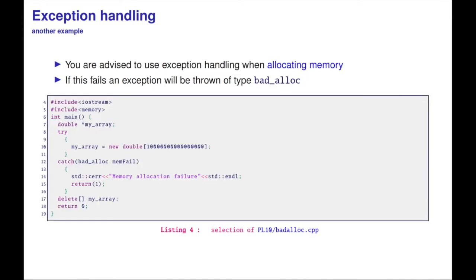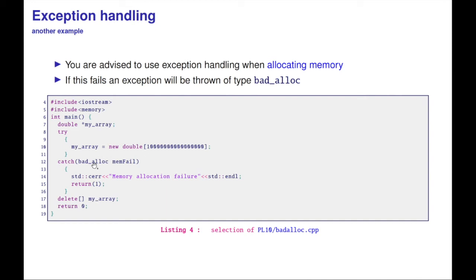You are definitely advised, strongly advised, and more than encouraged to use exception handling when allocating memory. If this fails, an exception will be thrown of type bad_alloc. So for example, I've got a double myArray. I try myArray is new double with lots of zeros. My computer definitely does not have that much memory.